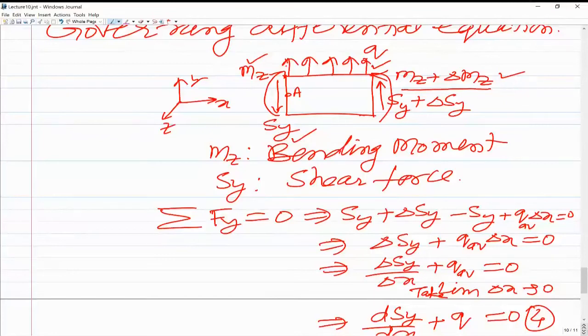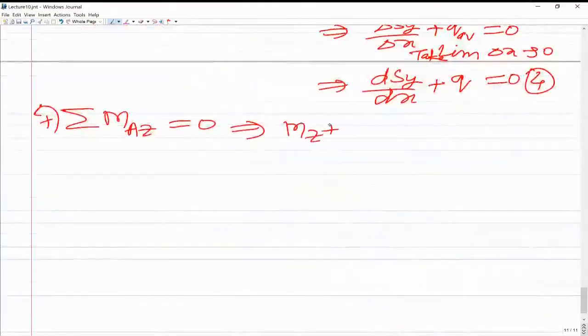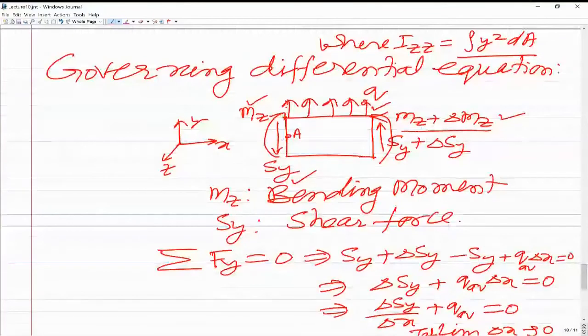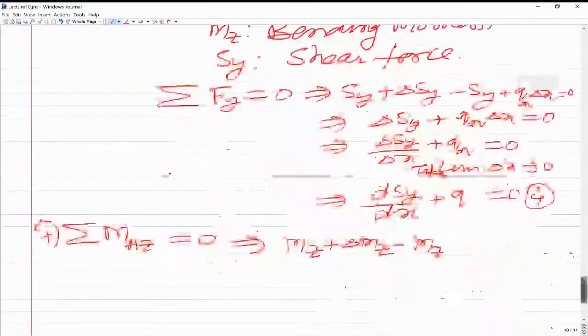So we will have Mz plus delta Mz minus Mz. And of course, we are taking the moment about A. So this Sy is passing through the same point, and will not produce any moment, but this shear force Sy plus delta Sy will produce a moment, and this force due to q will also produce a moment.